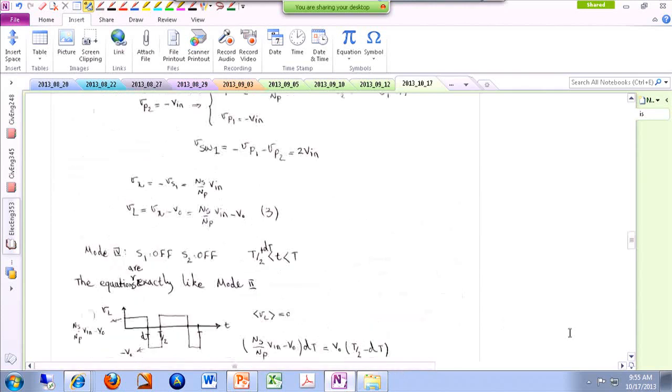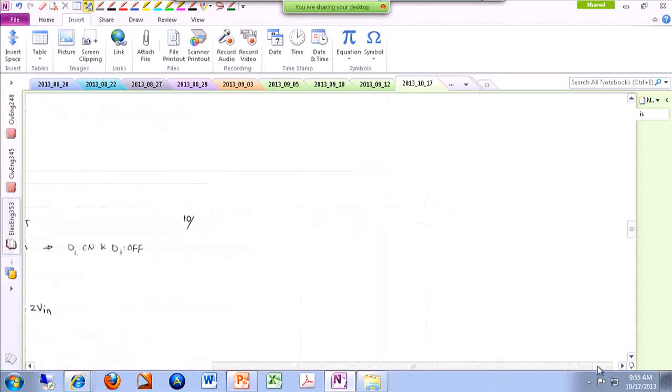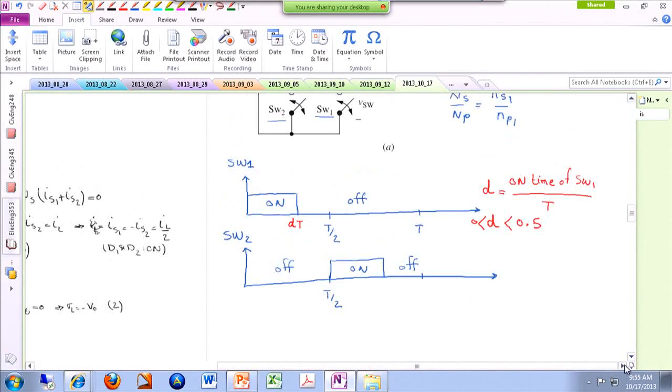All right. So as you can see, you can identify 4 operating modes in the system. One mode is switch number 1 is on and the other switch is off. So we call it mode number 1. All right. Then the other mode is both of the switches are off.